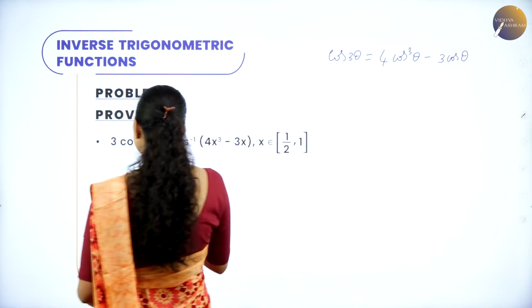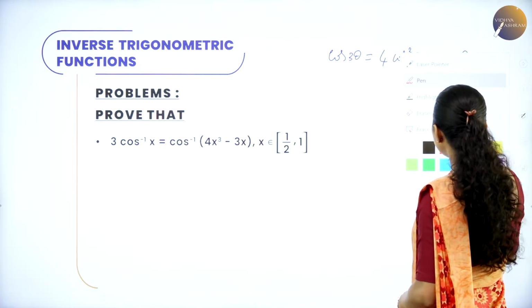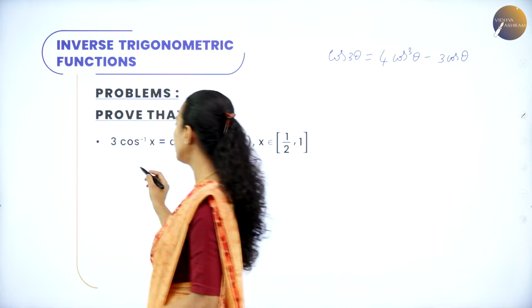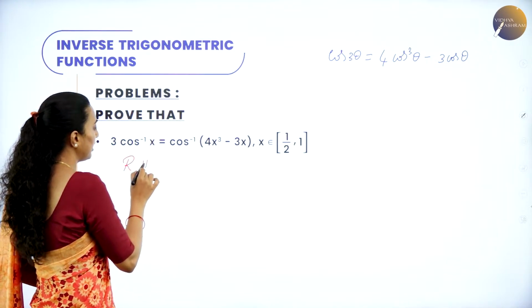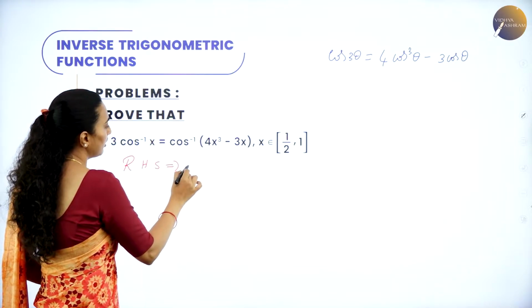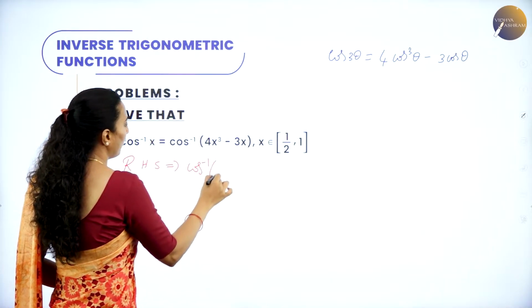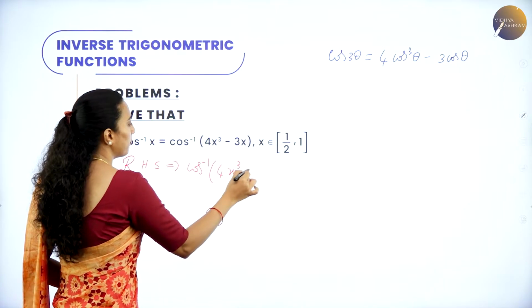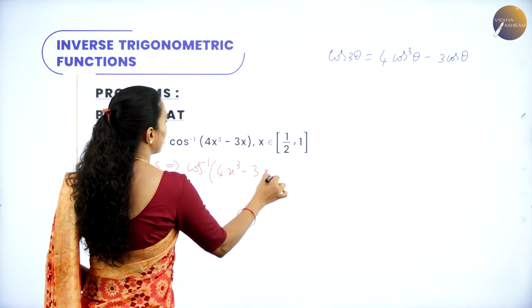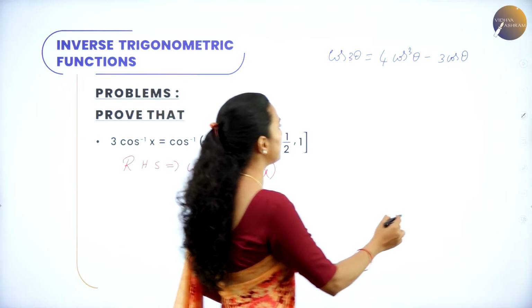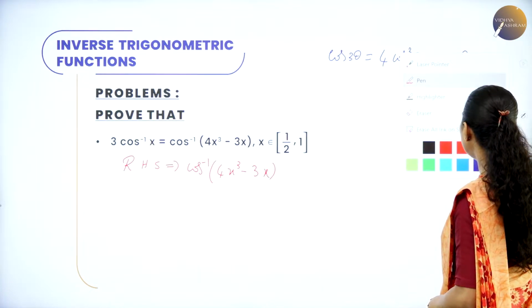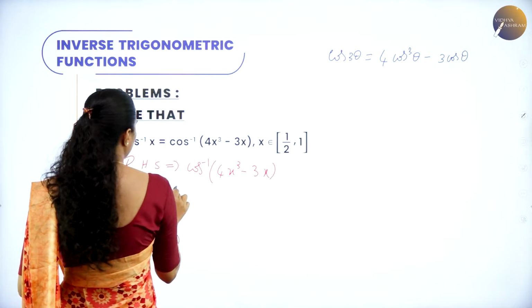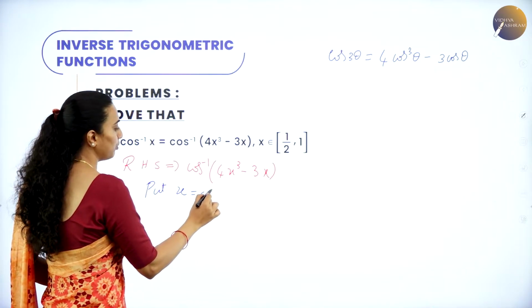Therefore, I can take the right hand side and then make a substitution x is equals to cos theta. So, therefore, right hand side I am going to take it as, which is nothing but cos inverse of 4x cube minus 3x. Now, I am going to do the substitution. What is the substitution I am going to do? Substitution as put x is equals to cos theta.